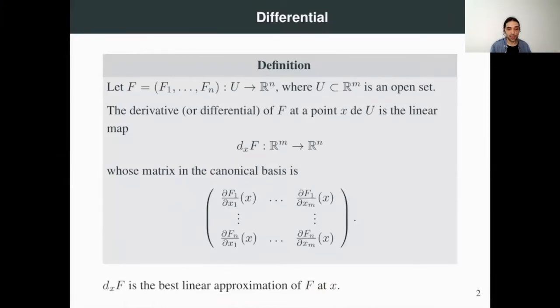It's a matrix that is n times m, and whose entries are just the partial derivatives of the components of f with respect to the variables. It's just that. So this is a very well-known definition.